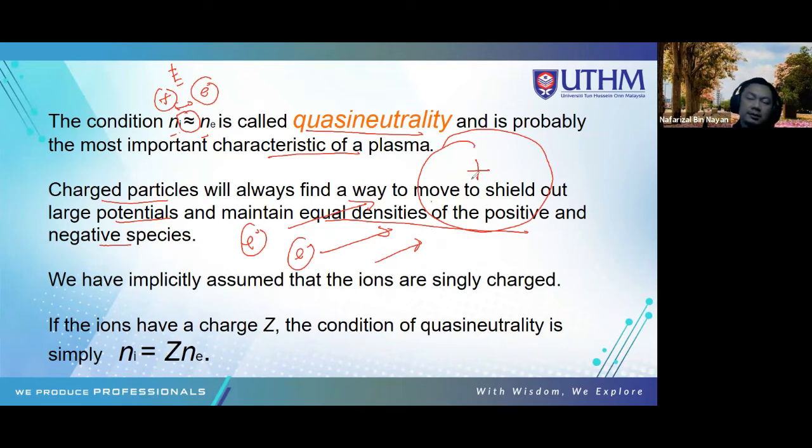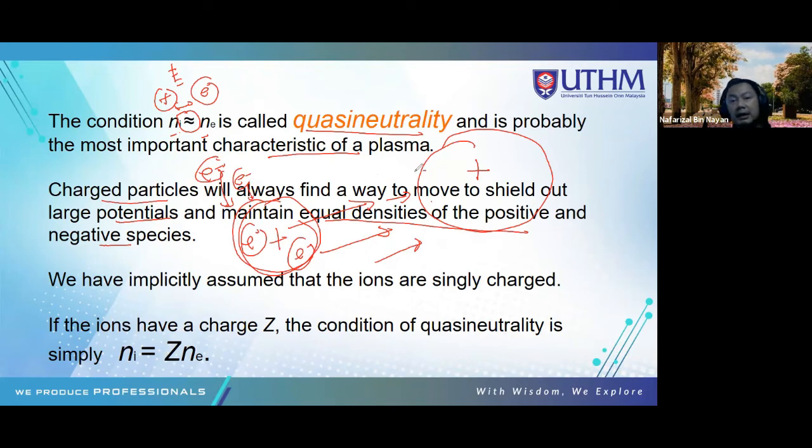When the electrons move to this particle, the remaining area will become positive, because the electrons went away. Then it will take another electron to come to this area.